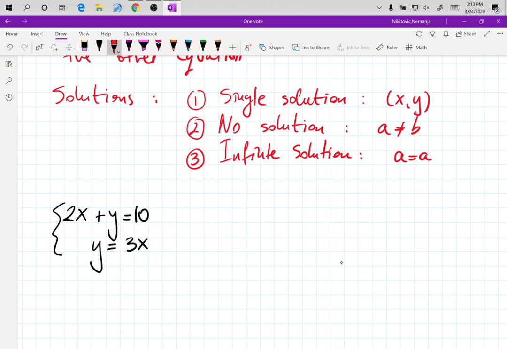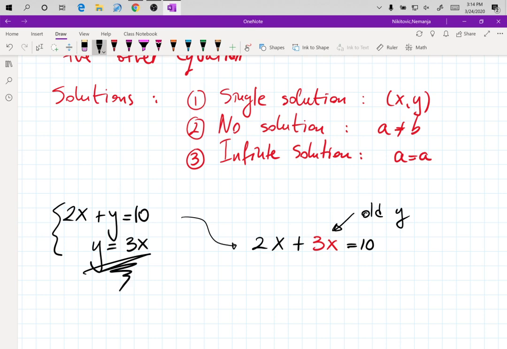So from this equation we are going to get 2x plus 3x equals 10. And this 3x was your old y, because y is 3x. So we are replacing y with 3x. Now if you look at your new equation, it only has x's.